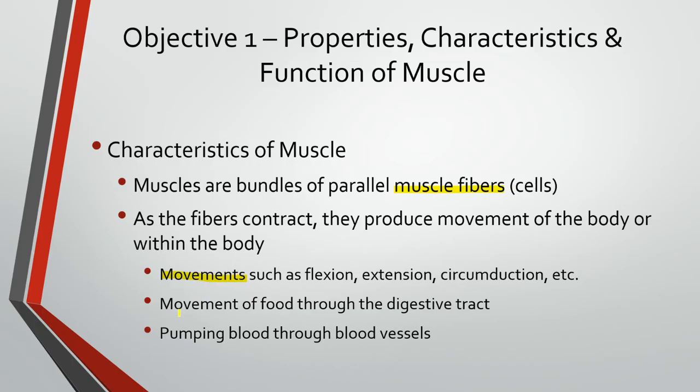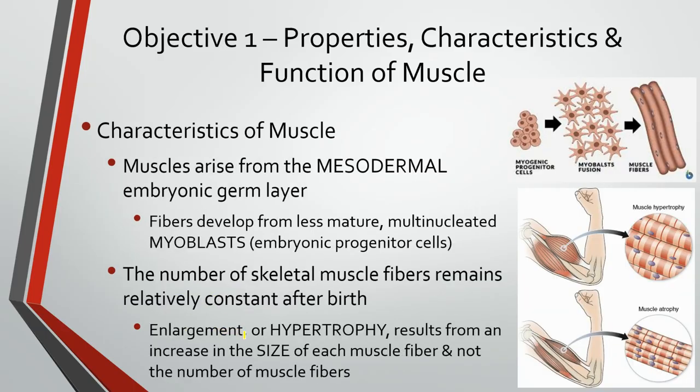They can also be movement in our smooth muscles, which allows food to pass through the digestive tract or the blood vessels to constrict or dilate. Or it could also be the pumping of our heart, because remember we do have three types of muscle tissue.